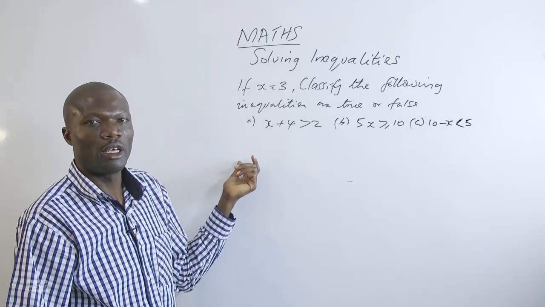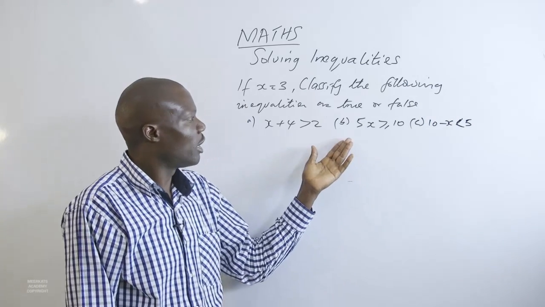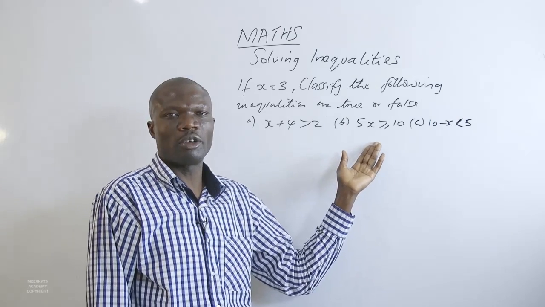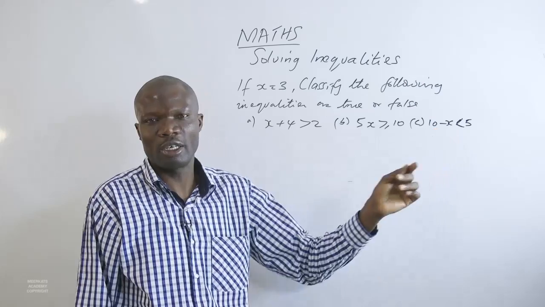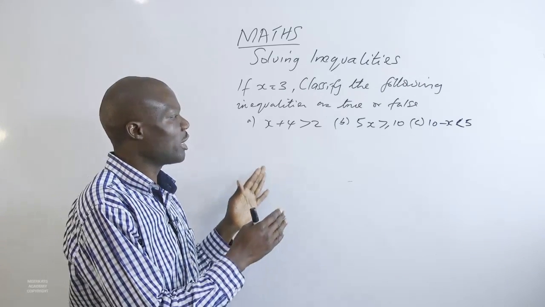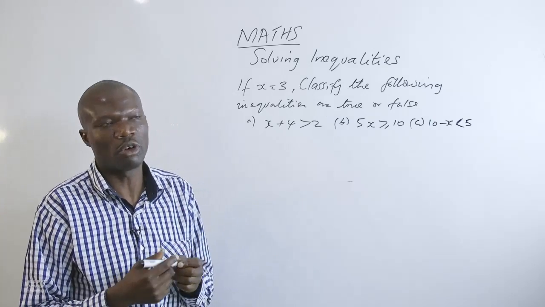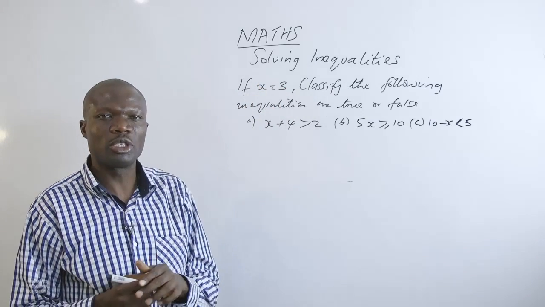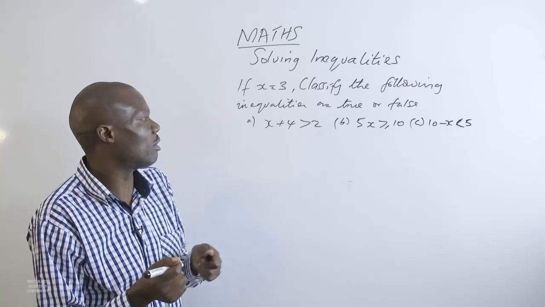First one, x plus 4 is greater than 2; 5x is greater than or equal to 10; and 10 minus x is less than 5. For us to show whether the inequality is true or false, we shall be required to substitute the value of x and see if it fulfills what we have.